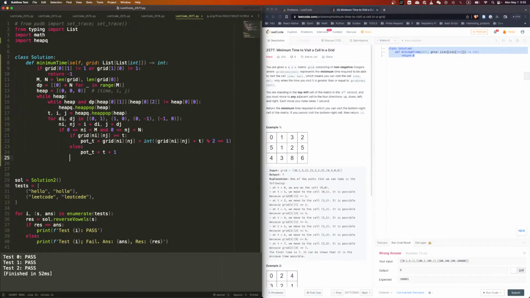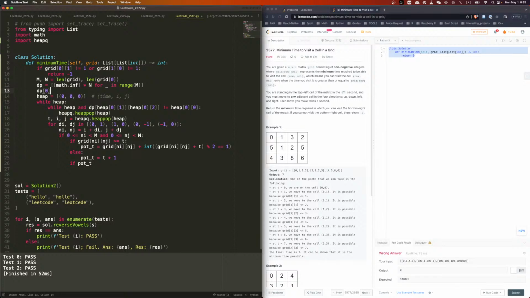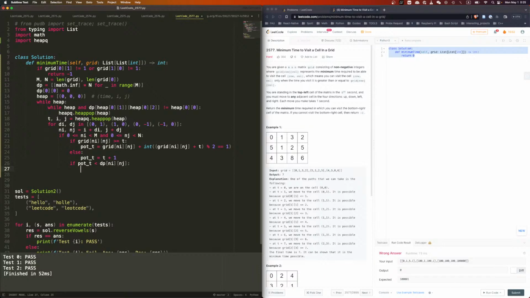Now we need to check. We can say if potential t is math.inf, and then dp00 is going to be 0. If potential t is smaller than dp_nij, right? That means it's worth it.